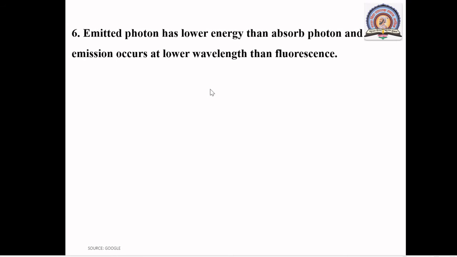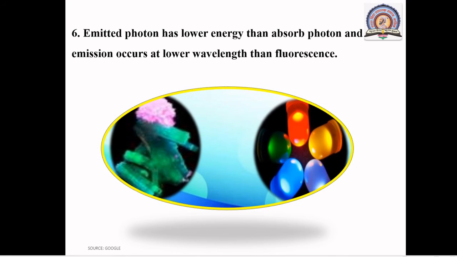Also, the emitted photon has lower energy than the absorbed photon. This is the important one. The emitted photon has lower energy than the absorbed photon, and emission occurs at a longer wavelength than fluorescence. Okay, so this is the phosphorescent material.